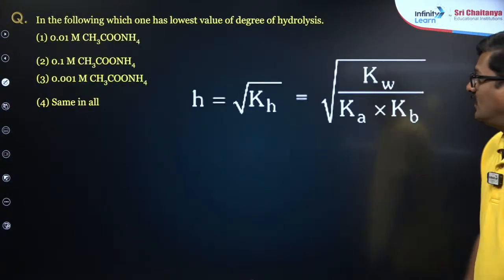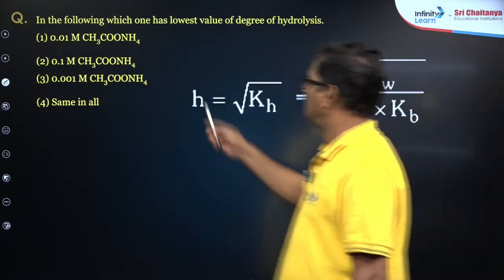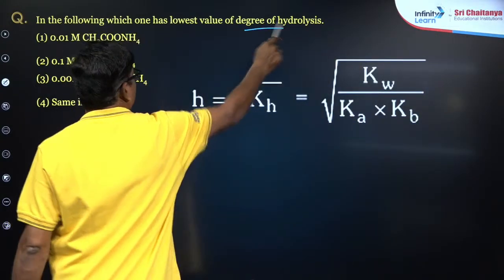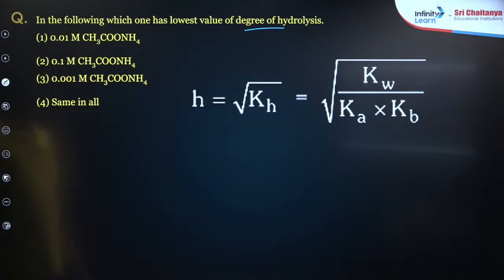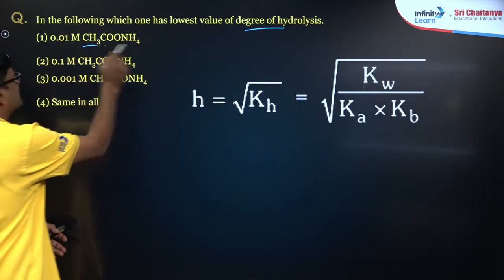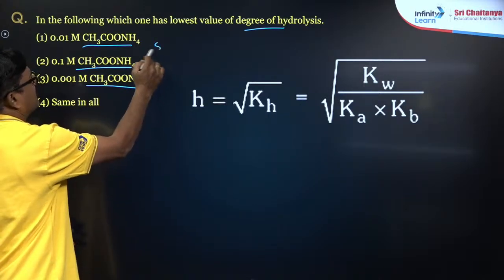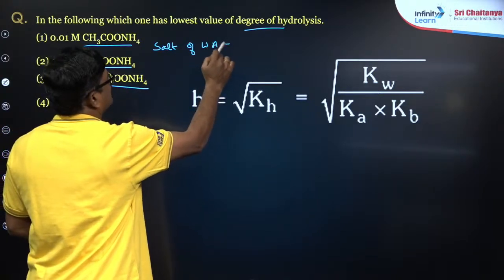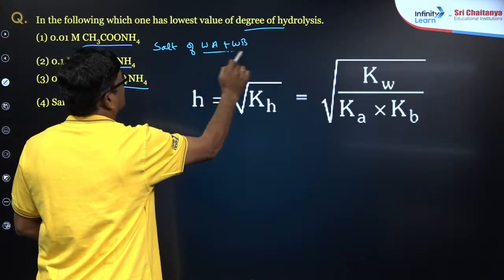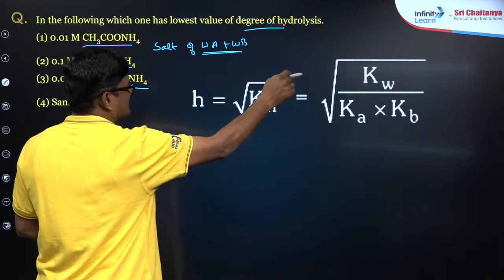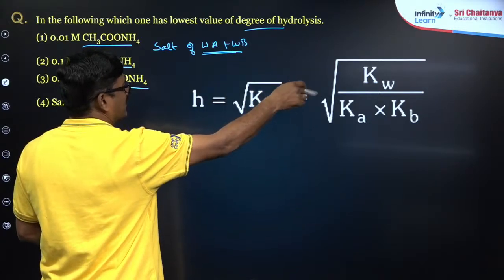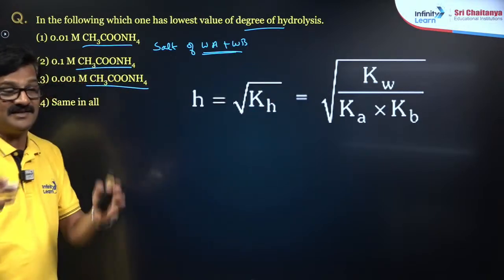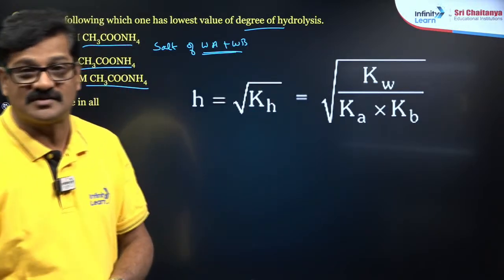Yeah. Now here, in which of the following one has the lowest value of degree of hydrolysis? For degree of hydrolysis, who is this? It's a salt of weak acid plus weak base. So such type of thing, degree of hydrolysis is given as Kw upon Ka and Kb, and it is independent of concentration.